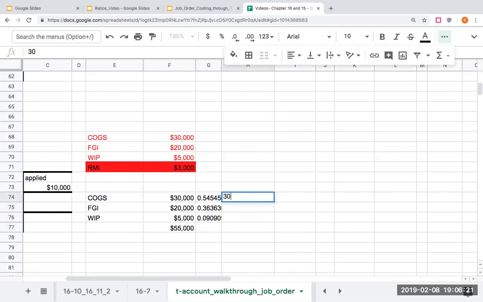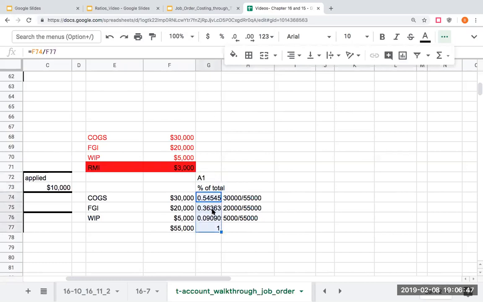I took 30,000 divided by 55,000. Here I've got 20,000 divided by 55,000. Here I've got 5,000 divided by 55,000. When I add up these amounts, this is my percentage total.